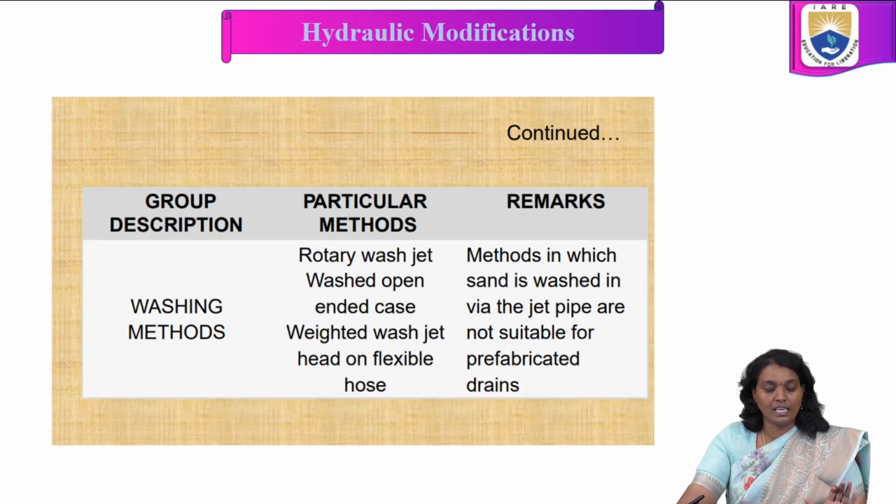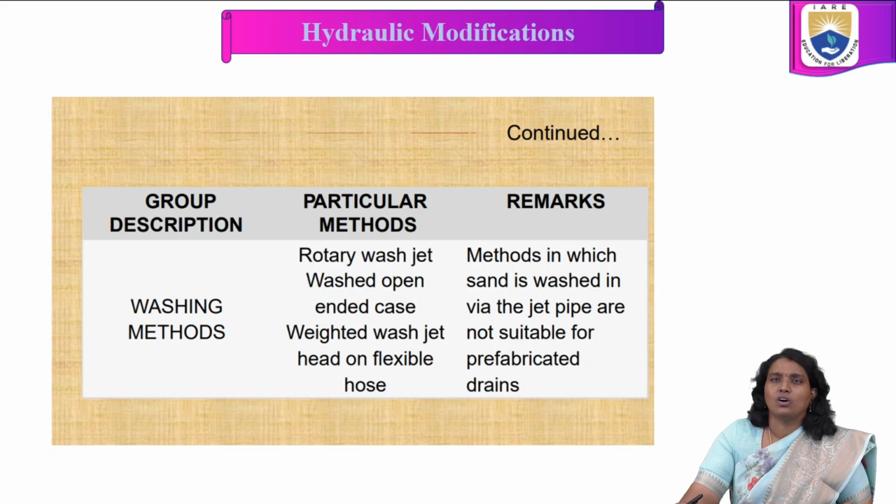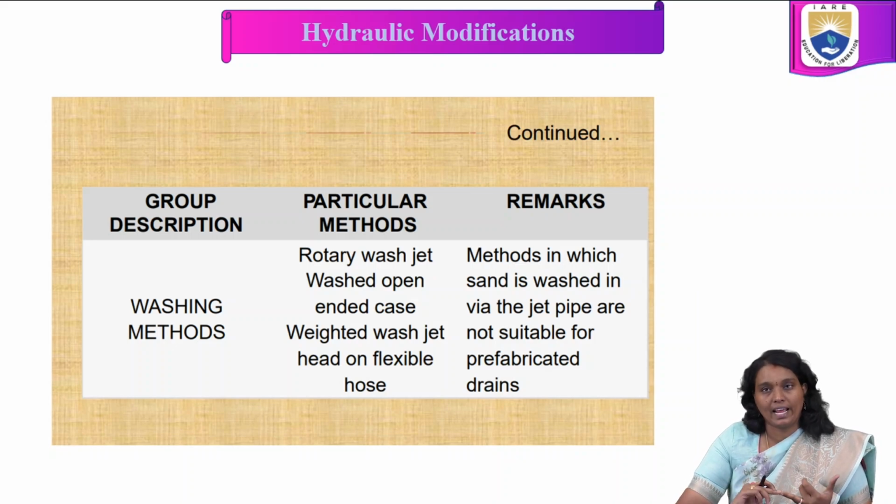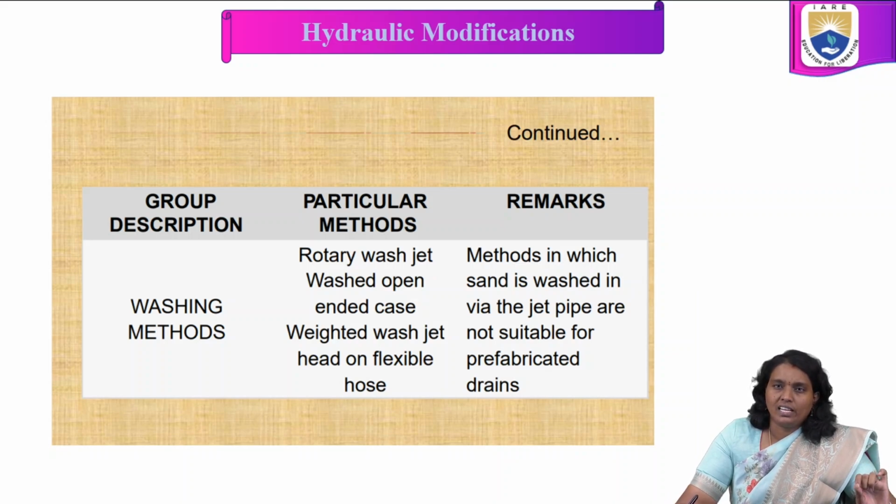The next group is the washing methods. In this, rotary wash jet and washed open-ended casing, and weighted wash jet, hand-held flexible hose. These are the washing methods. In these methods, sand is washed in via the jet pipe, which is not suitable for prefabricated drains.